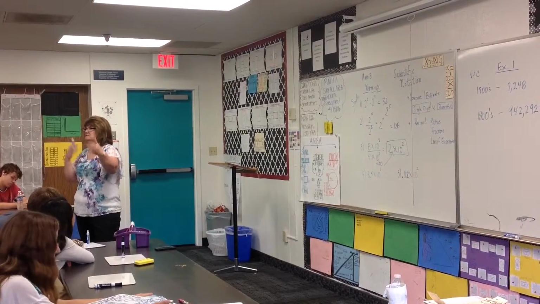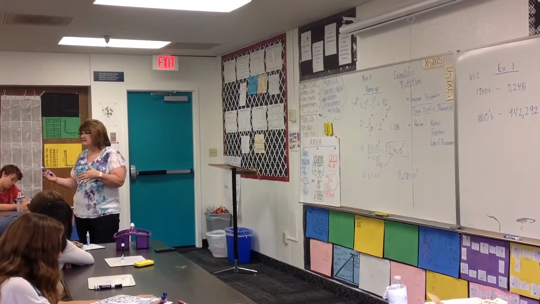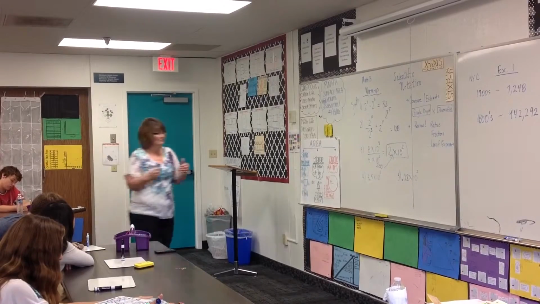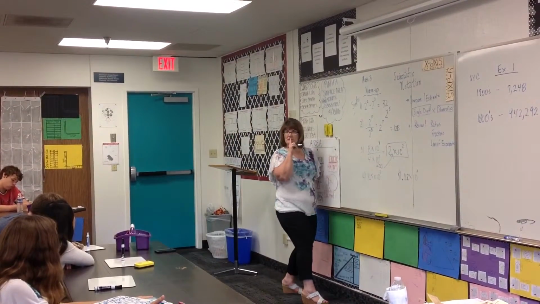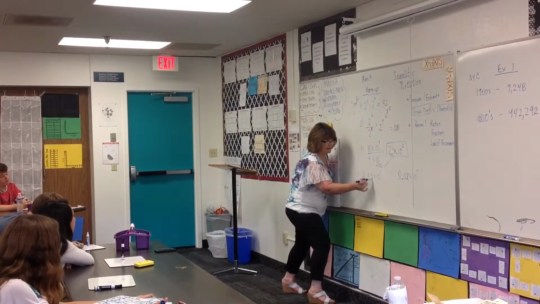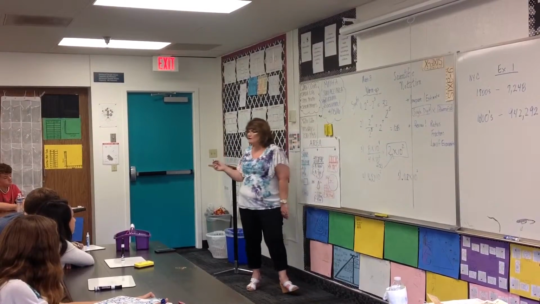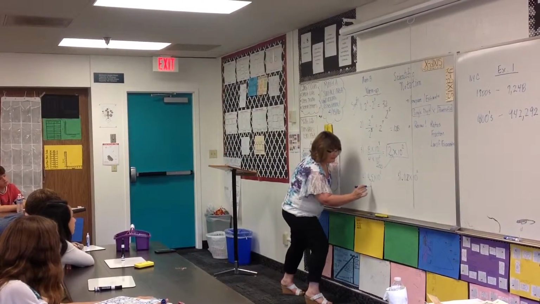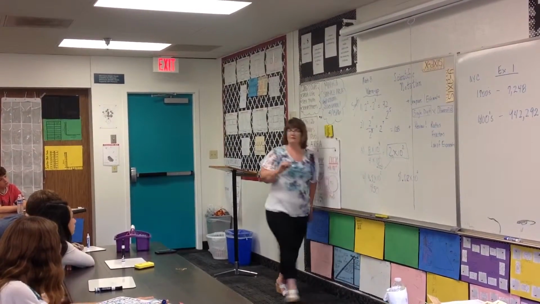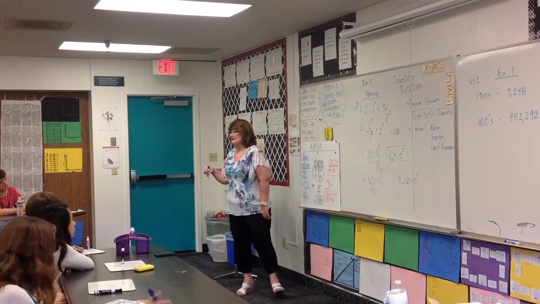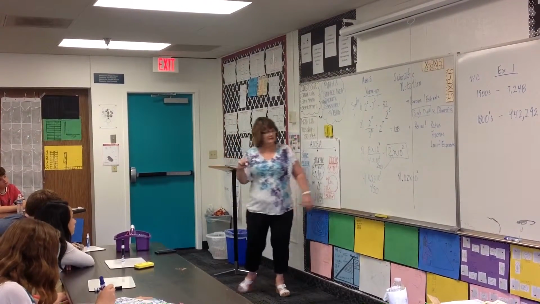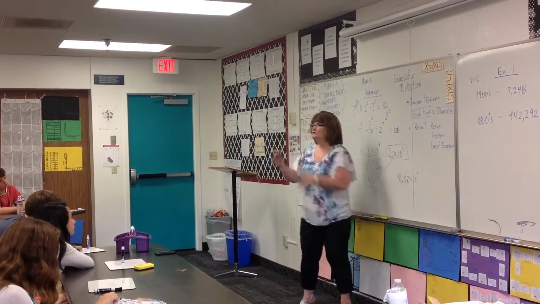And because she knows she's multiplying times the power of 10, we move our decimal 2 places. Which direction? To the right. That's a review, I hope, for all of you. My final answer should be 450. You don't need to multiply times 100. Just move your decimal. If it's a power of 10, you just move your decimal.